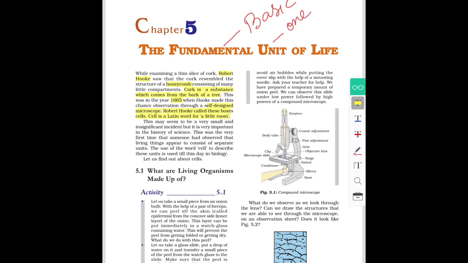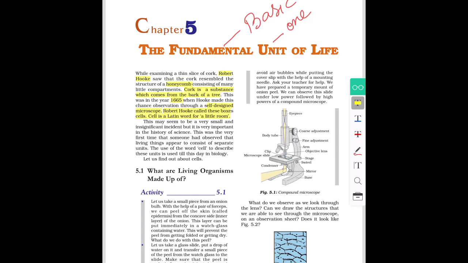This may seem to be a very small and insignificant incident, but it is very important in the history of science. This was the very first time that someone had observed that living things appear to consist of separate units.